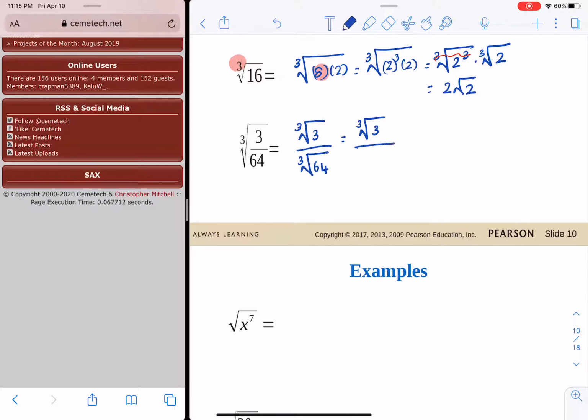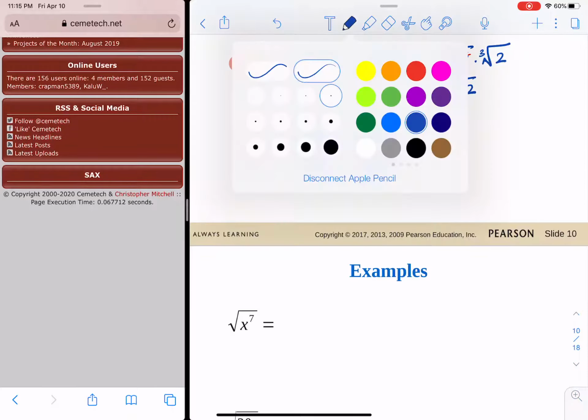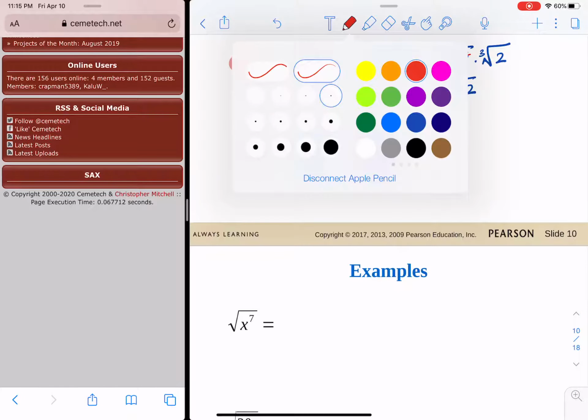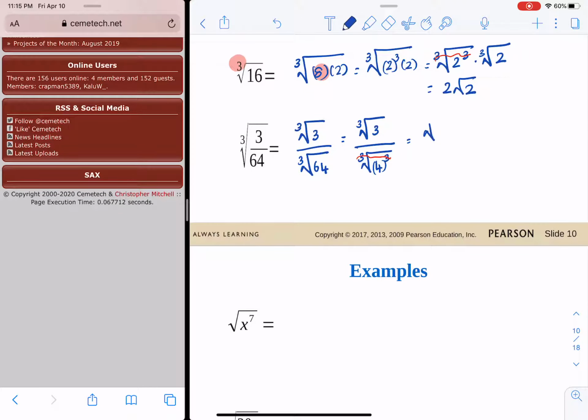So the cube root of 64 can be written as the cube root of 4 cubed. And 4 cubed is a perfect cube. So those two would go away. We would simply have the cube root of 3 divided by 4.